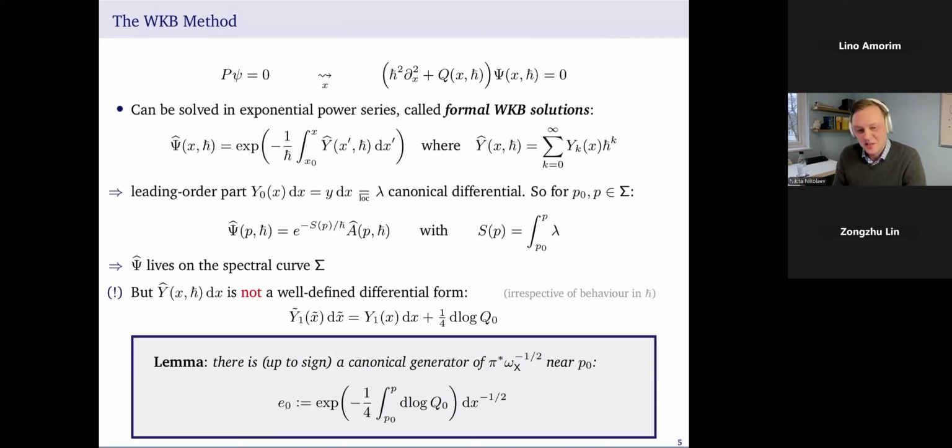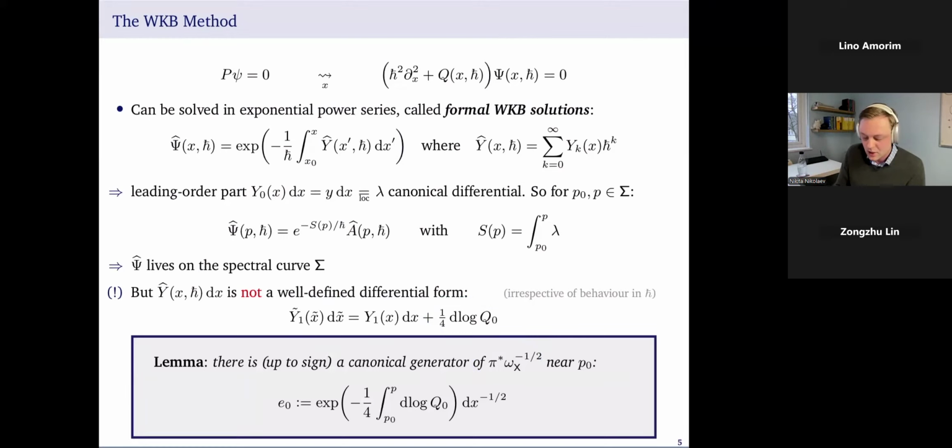So then there is a very simple lemma that if you look at this thing that is screwing up the transformation law for us, that actually can be interpreted as giving us a preferred local generator for the anti-spin bundle. So if I look at the anti-spin bundle, pull it up to the spectral curve, everything is now on the spectral curve, so everything has been pulled up.